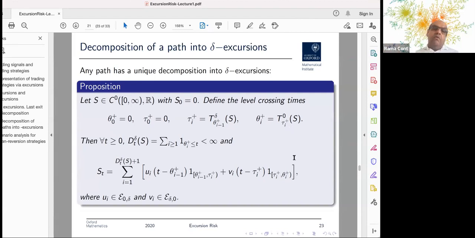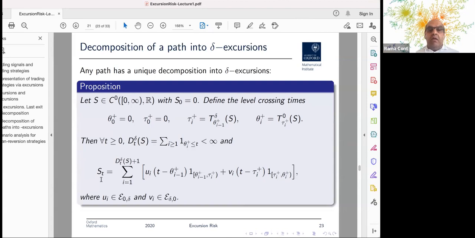Then there are two statements here. First of all, if I count the number of level crossing times theta_i in any interval 0 to t, they're finite. So I can define a counting process D_delta, which counts how many times I've cycled between 0 and delta on the interval 0 to t. And this is finite.